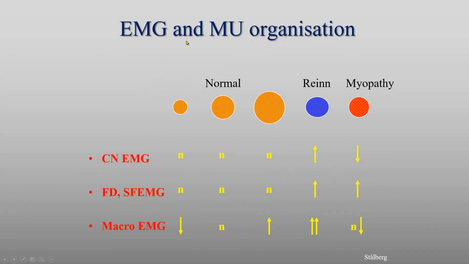Here's a comparison with different techniques when it comes to motor units in the normal muscle and in reinnervated and the myopathic. In the normal, we have small motor units, moderately small motor units, and large motor units. That is the physiologic range. And we compare concentric and single fiber and macro EMG.